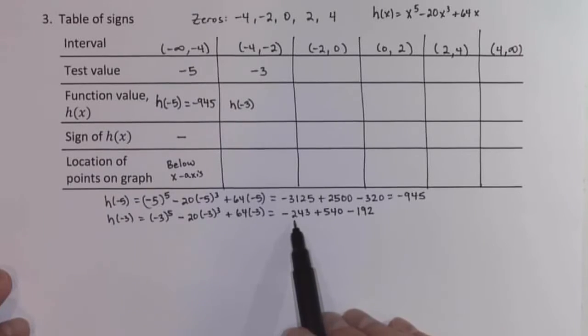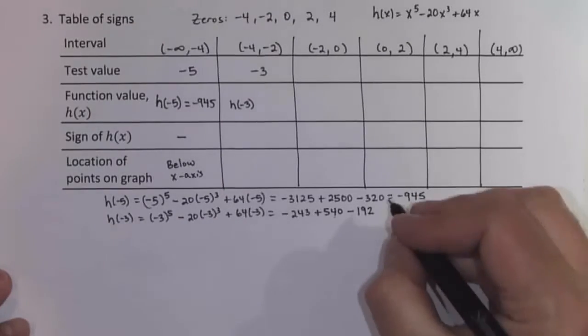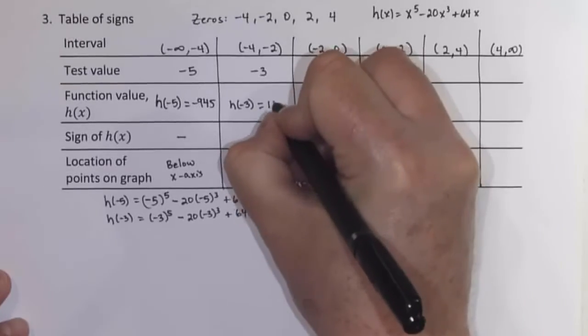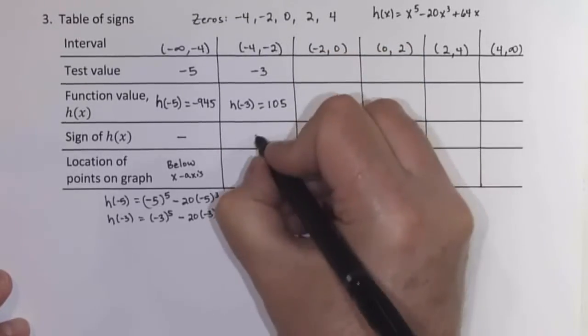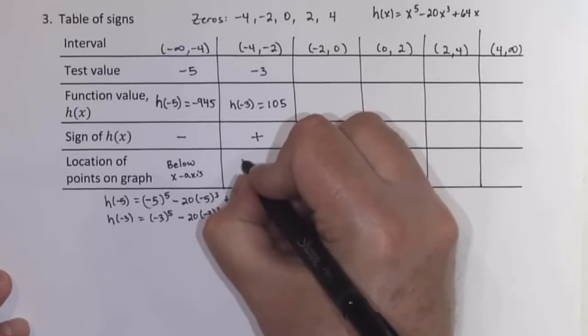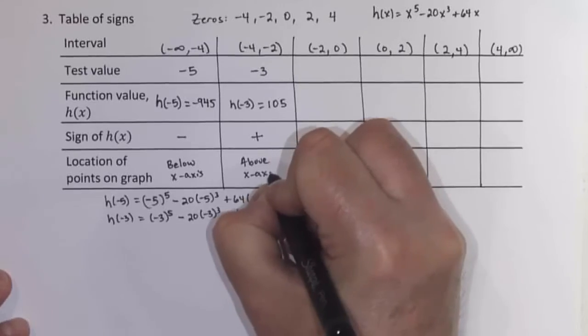So we have negative 243 plus 540 minus 192, and that is 105. So h of negative 3 is 105, which is positive, and so that means for that interval, our graph is going to be above the x-axis.